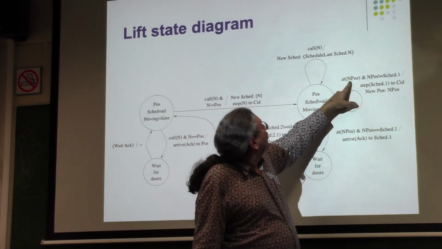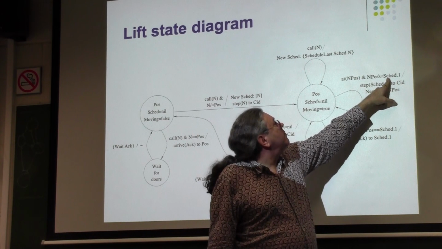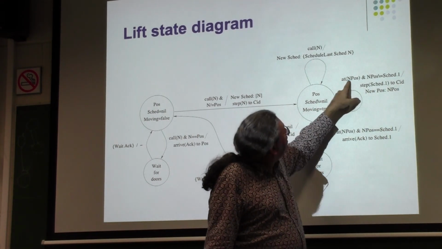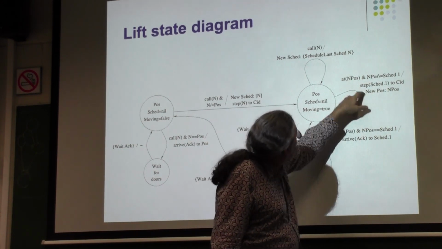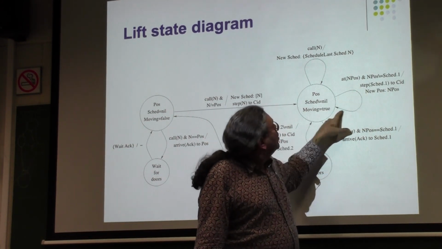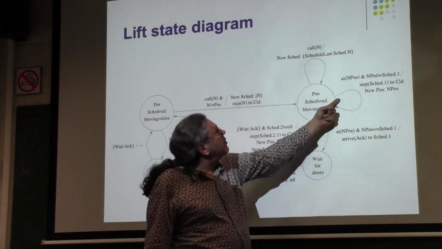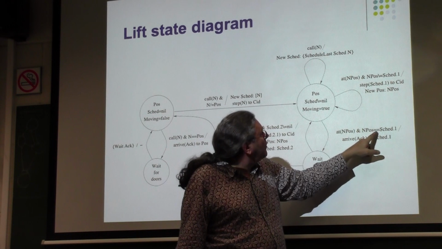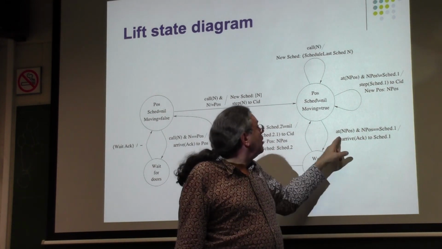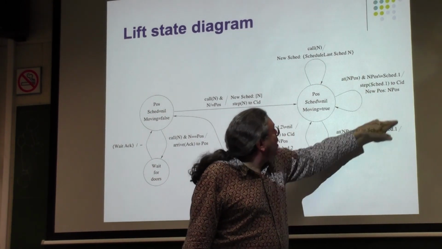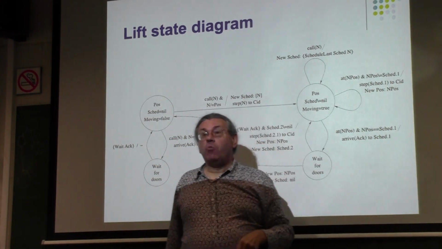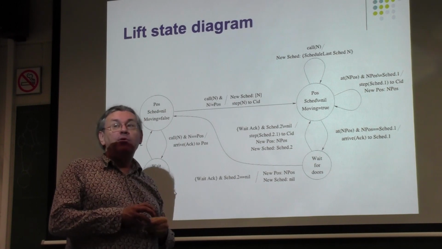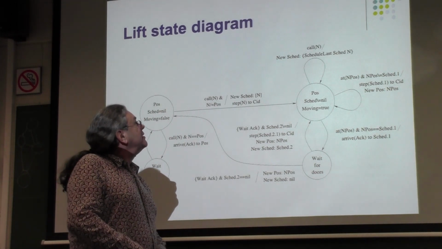If I arrive at some floor, but it's not where I want to be, I send another message to the controller, and then I arrive again. As long as I'm not where I want to be, I will keep reactivating the controller until I'm where I want to be. npos equals schedule.1. Okay? So these two together are a while loop. But there's another while loop. There's actually two nested while loops.